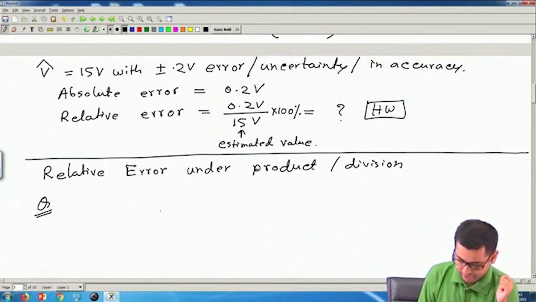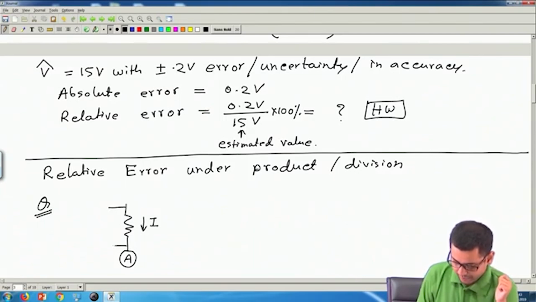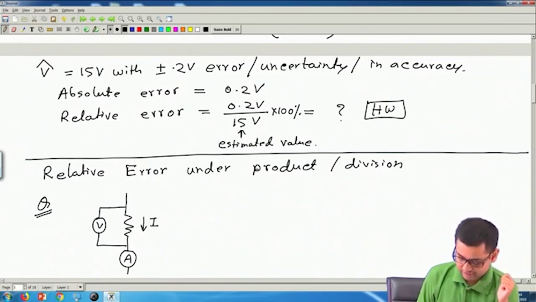Say we have a resistance which is carrying some current I. We are measuring this current with an ammeter A, and the voltage drop across it is V. We are measuring the voltage drop with a voltmeter V. For now, you can ignore whether the ammeter is measuring the current through this resistance alone, or it is actually measuring this current plus this current.